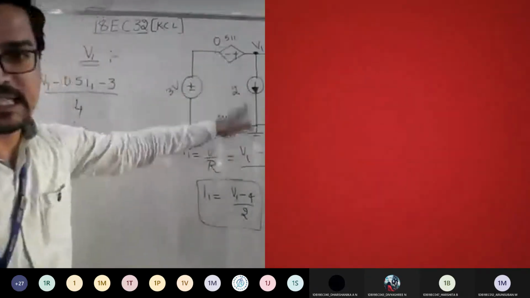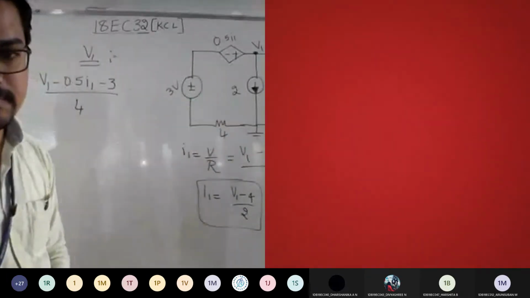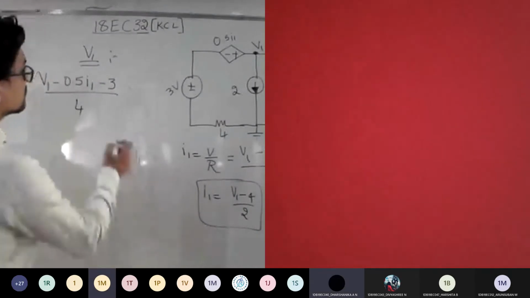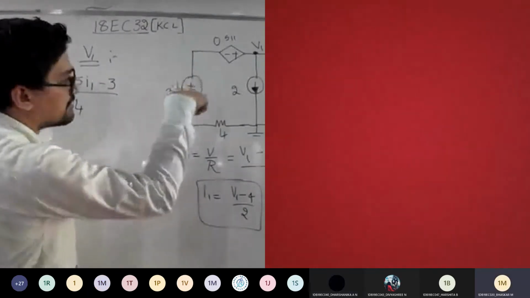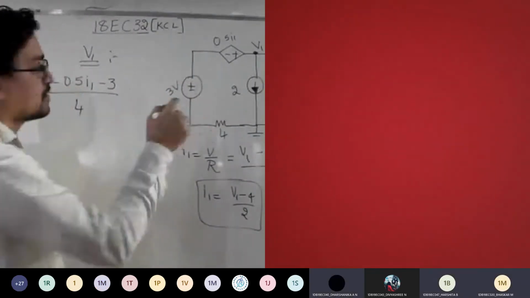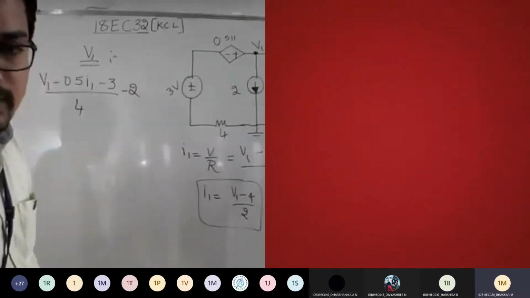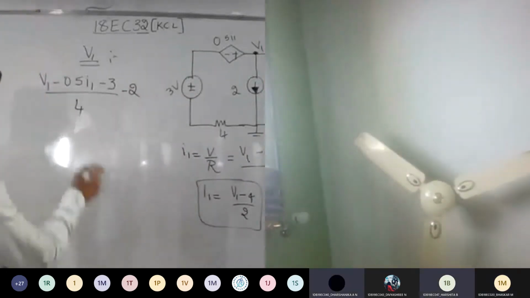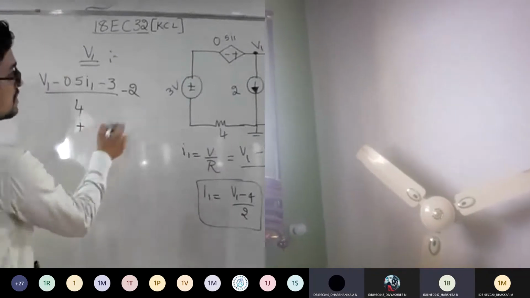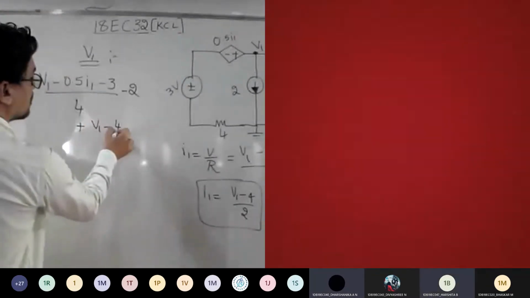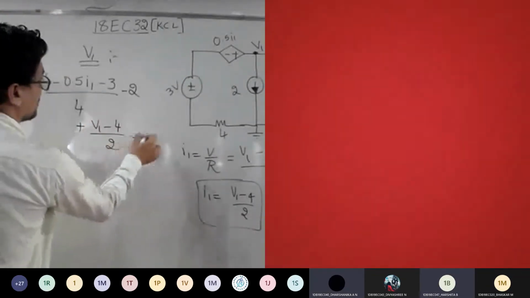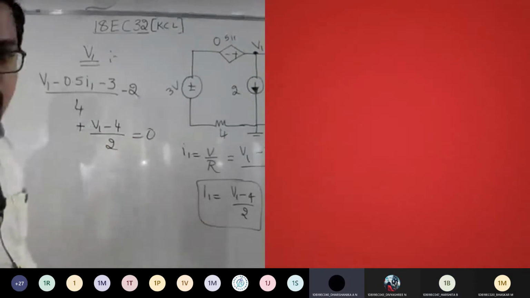Next, current is leaving. What should I write? Minus 2. There is only one current given. Then next, (V1 minus 4)/2 equals 0. So what should you do now?